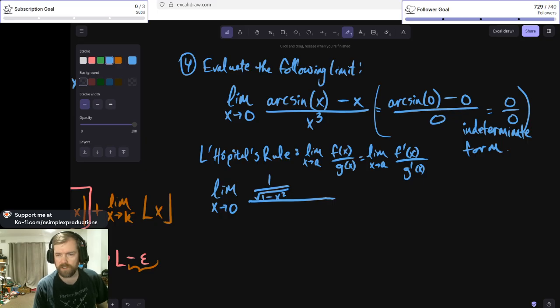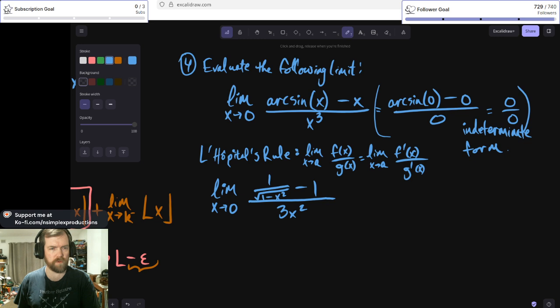Let me double check that in a second. Yep, 1 over square root 1 minus x squared. Cool.